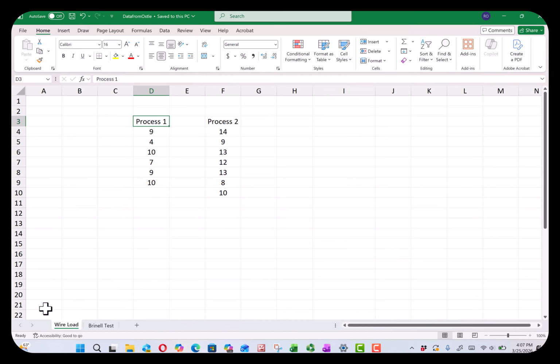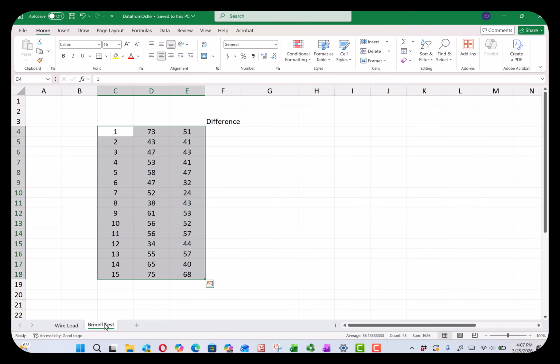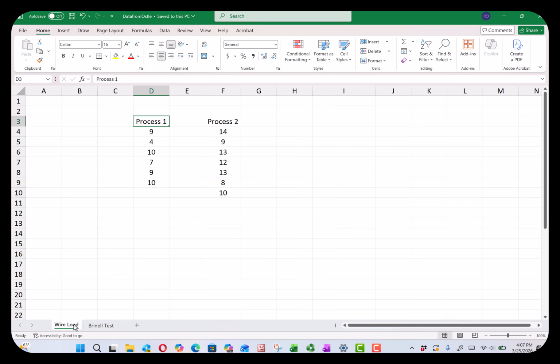There are two pages. There's a wire load page, which is a test of independent samples. The next page is the Brinell test. This is a hardness test, and it is a paired observation test. We'll do the independent samples first.